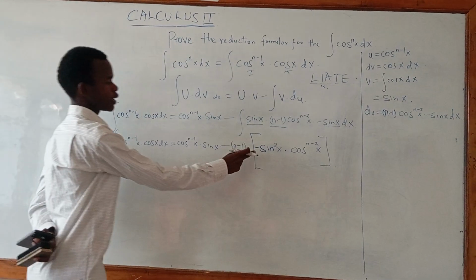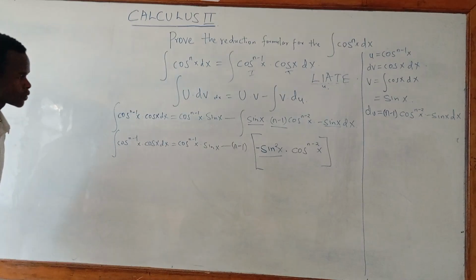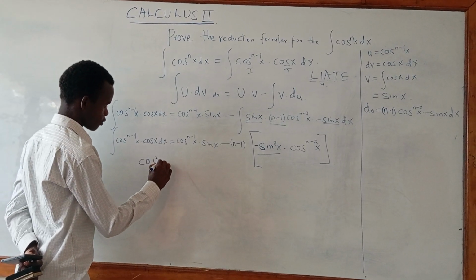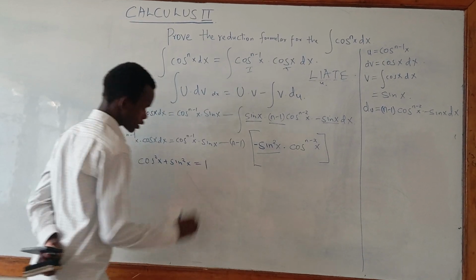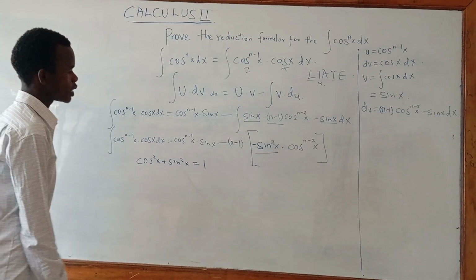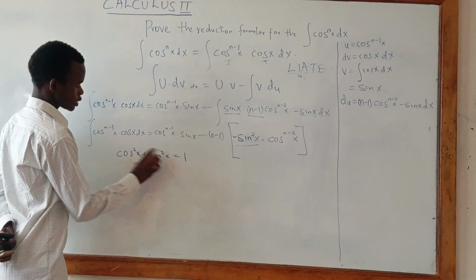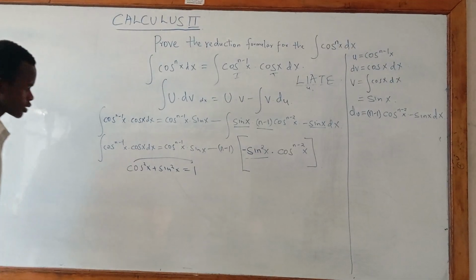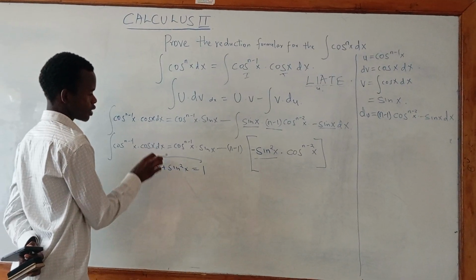From here, having known the Pythagorean identity, cos squared of x plus sine squared of x equals 1, we replace sine squared of x. Taking cos squared to the right side, sine squared of x is 1 minus cos squared of x.